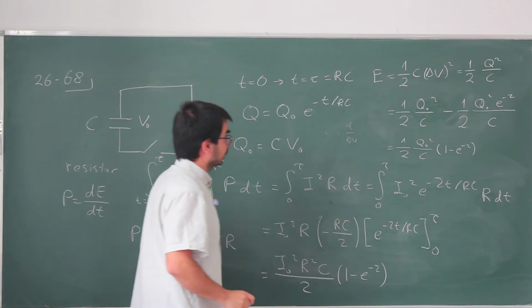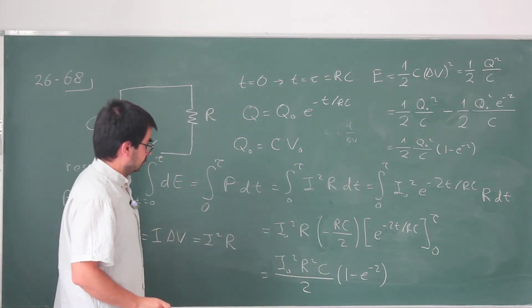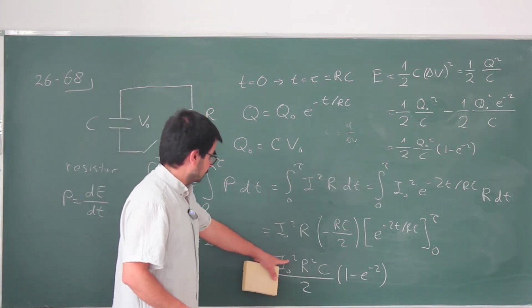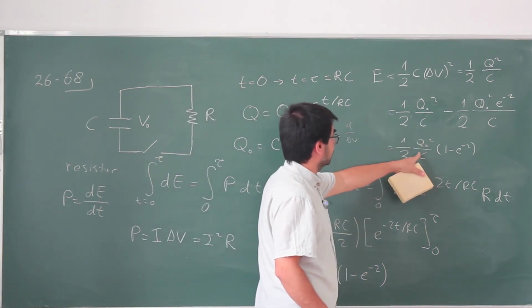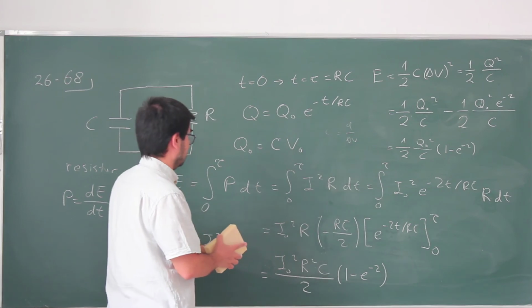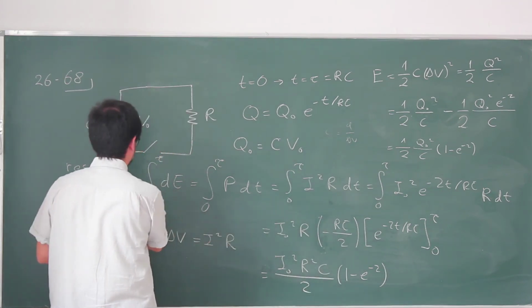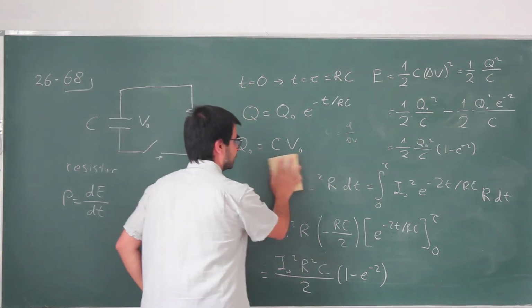Okay? So it remains to be shown that this I naught square R square C is in fact equal to Q naught square over C, and I can do that by erasing this space here.